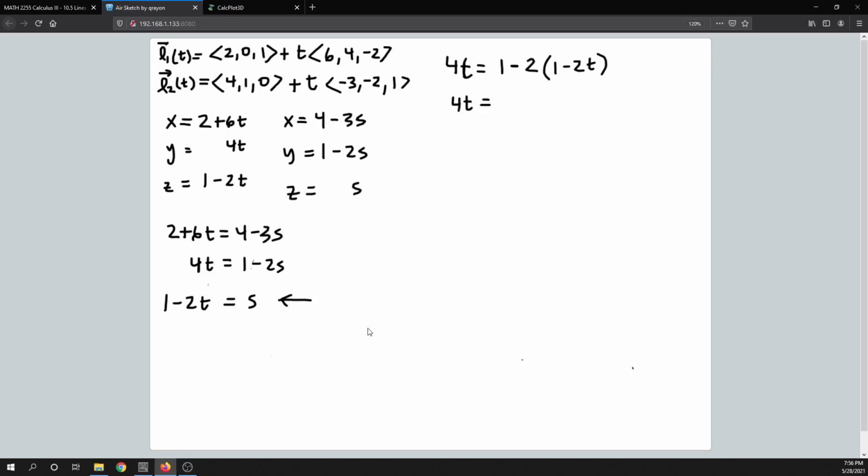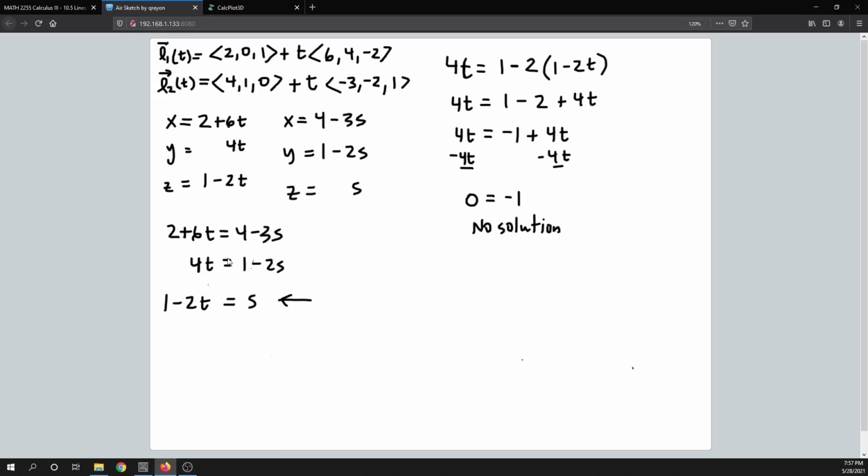So I have 1 minus, distributing that negative 2, I have negative 2 plus 4t, and that's negative 1 plus 4t. All right, then I'm going to get everything with a t on one side by subtracting 4t from both sides. And I get 0 equals negative 1, right? So that is a false statement.